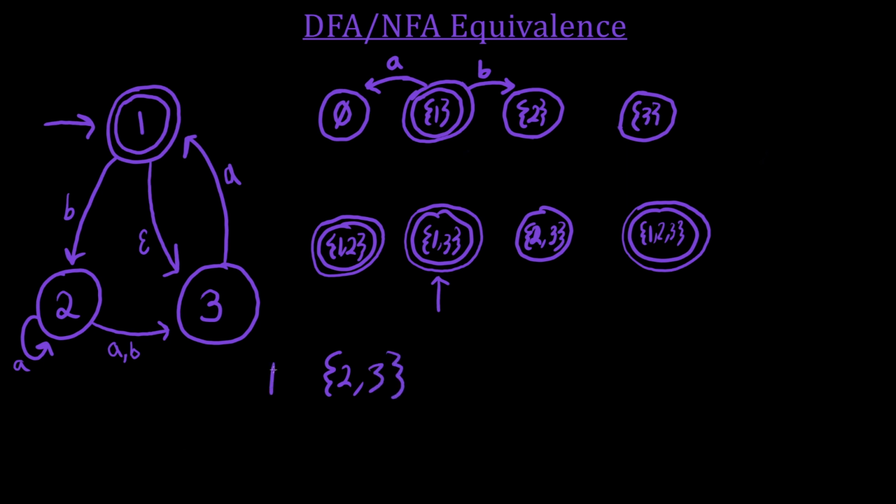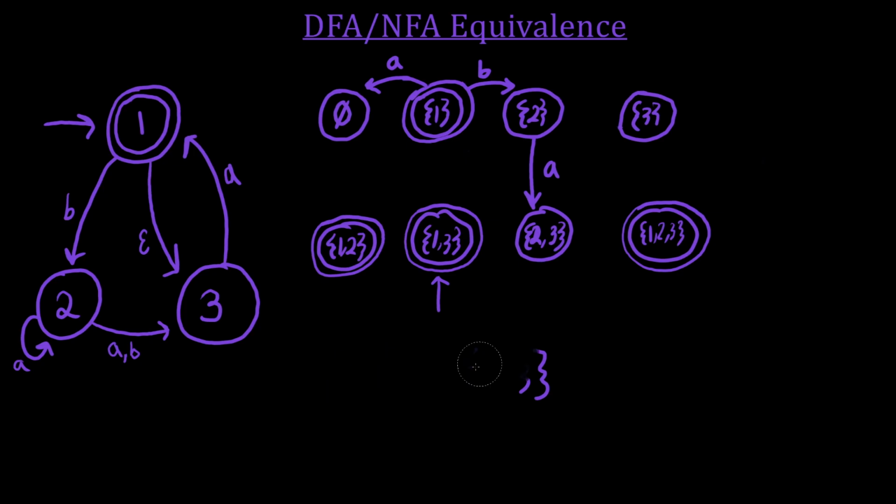Now we need to take the epsilon closure of this set. The epsilon closure needs to contain 2 and 3. Are there any other epsilon transitions from 2 or 3 that go to 1? No, there are not. So this is going to be our epsilon closure. Therefore, on state 2, we're going to transition to the state 2, 3 on the character A.